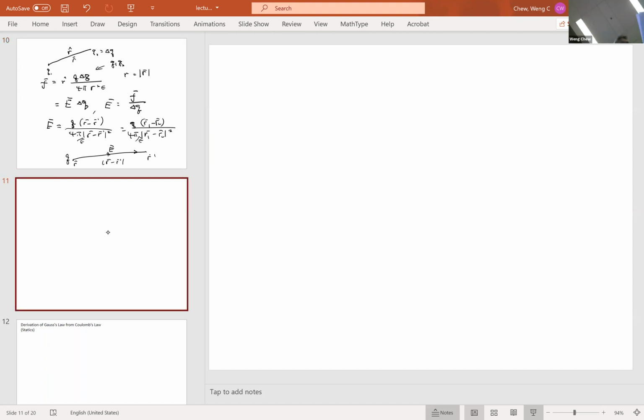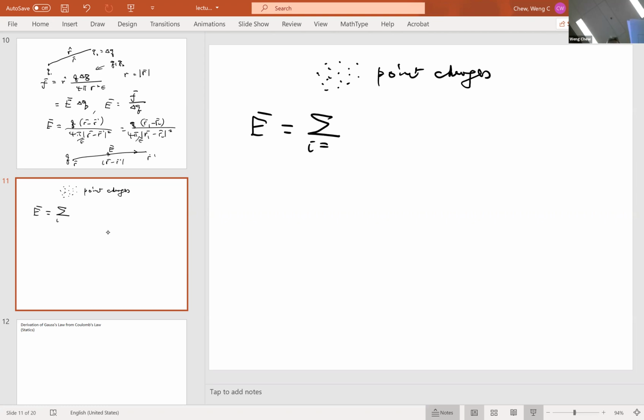You can go on and think of having a linear superposition of point charges. The electric field due to a linear superposition of point charges is the linear superposition of the electric field due to each one of them.